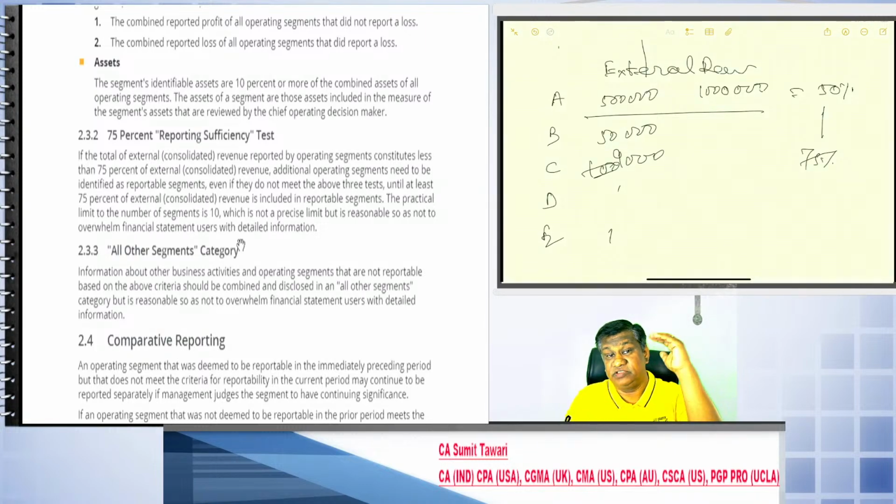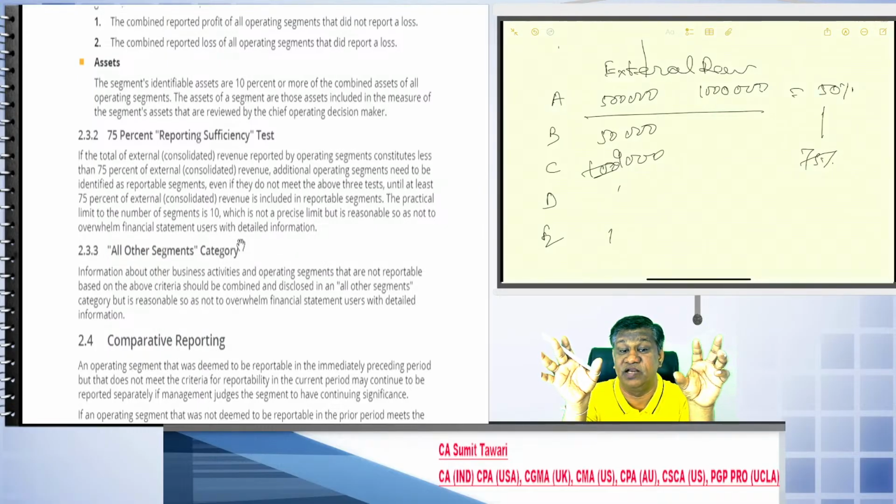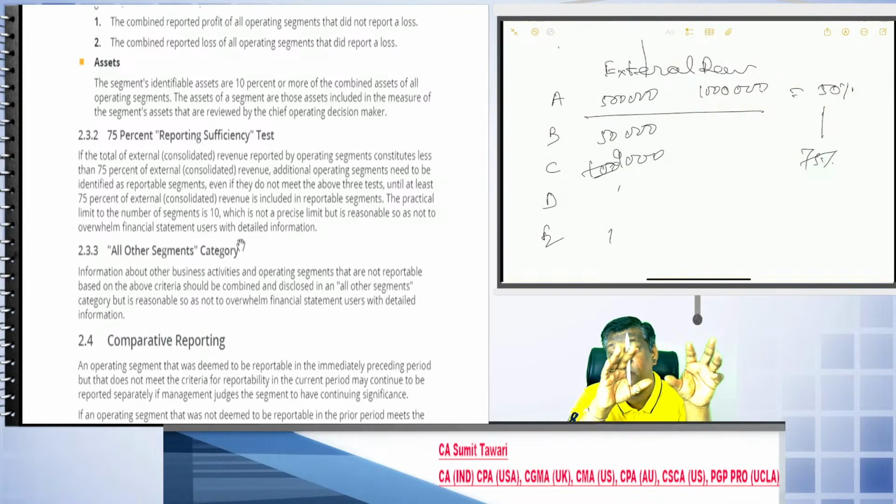See, first you need to report on the basis of total revenue, including the inter-segment revenue. Then you need to calculate whether the segments you reported constitute 75% of the external revenue. If it is not covered, then you need to identify the additional reporting segment so that you can complete the 75% external revenue. Internal, external, are you able to understand?